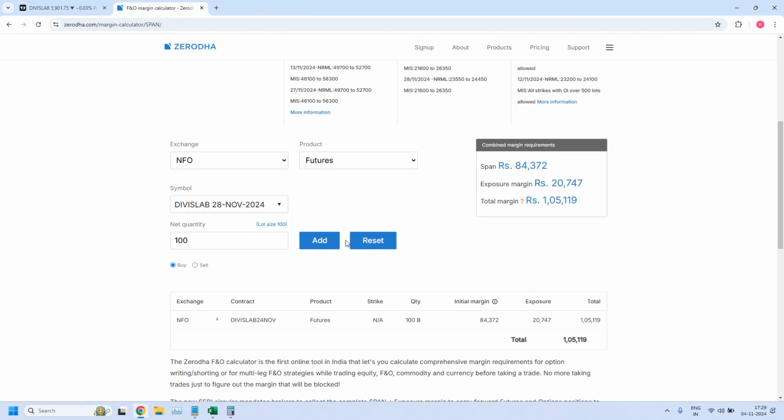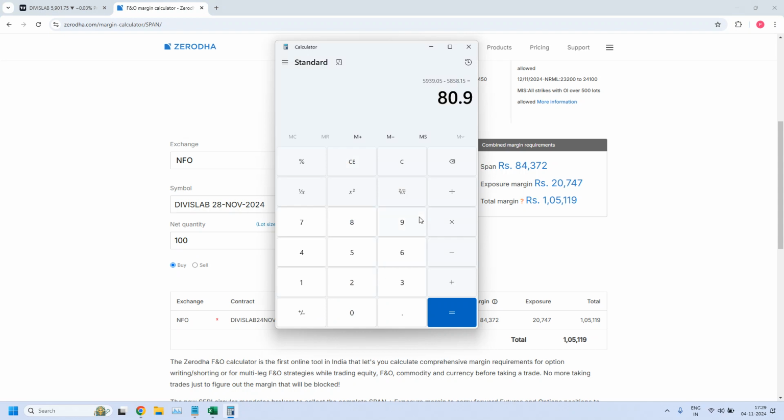In Divis Lab, we have net quantity 10,000 into 100. You got 8,090 rupees profit we got.